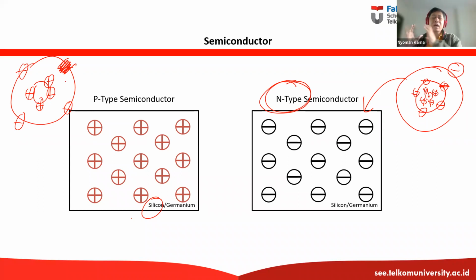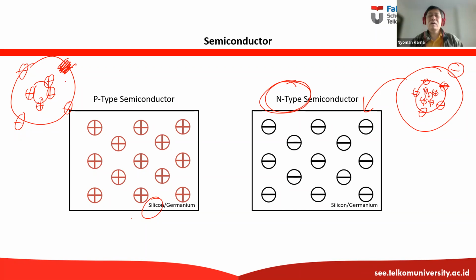And then we put that ion into the silicon. Then we have the P-type semiconductor. Think of it as a medium that has positive charge moving freely inside the silicon. So now we have the P-type semiconductor and the N-type semiconductor.